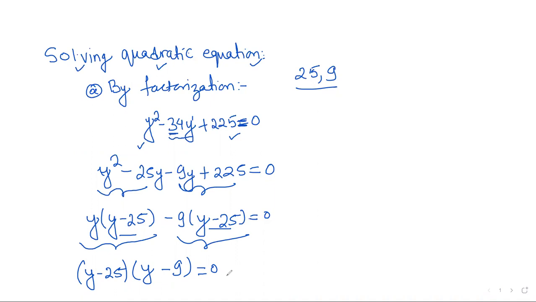Now there is something called the zero product rule in math that tells us that if the product of two things is 0, one of them must be equal to 0. At least one of them should be 0. Otherwise, there is no way you will get a product of 0. Let's say 2 times something is 0, then the other term must be 0. So according to the zero product rule, either y minus 25 is equal to 0 or y minus 9 is equal to 0.